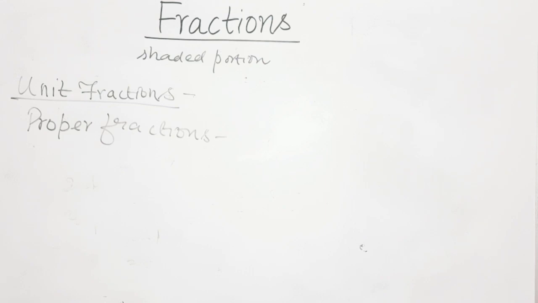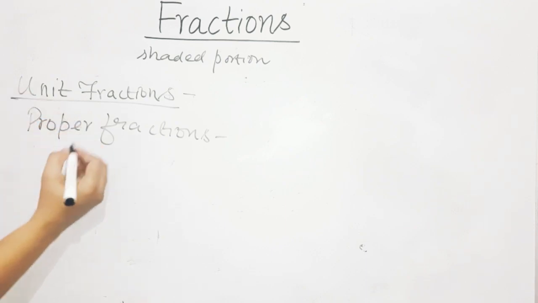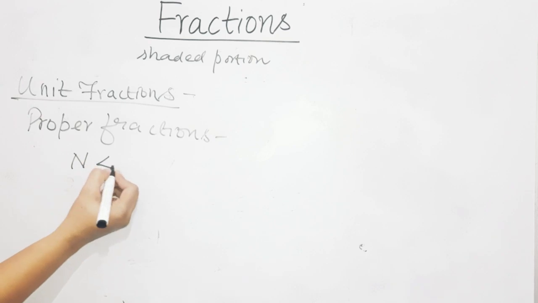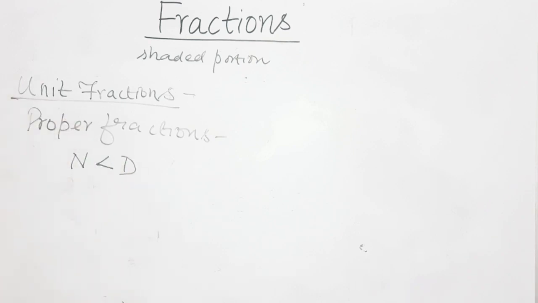Fractions where the numerator is smaller than the denominator. What is the condition of proper fractions? If the numerator is smaller than the denominator, then that particular fraction is said to be a proper fraction. Now what are the examples of proper fractions? Please pause the video and write your answers in the comment section. I want everybody's answer, whosoever is watching the video. Active participation should be there.